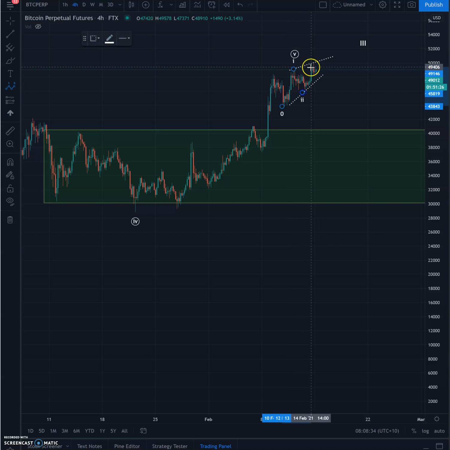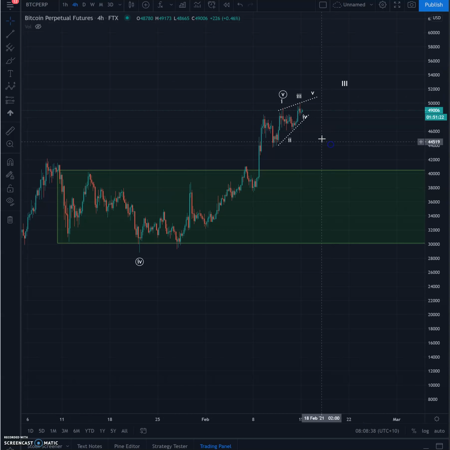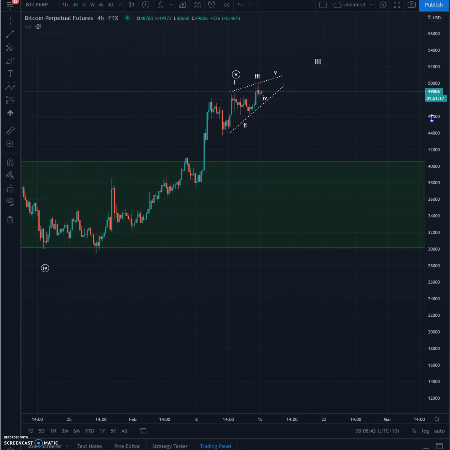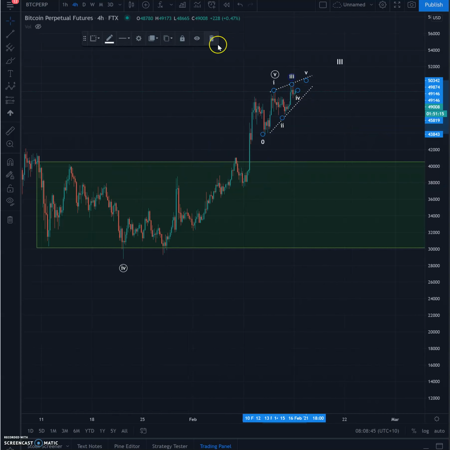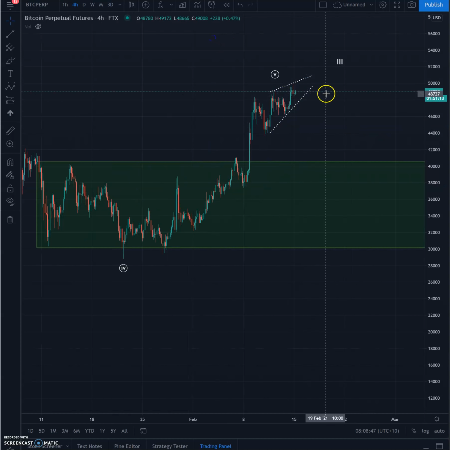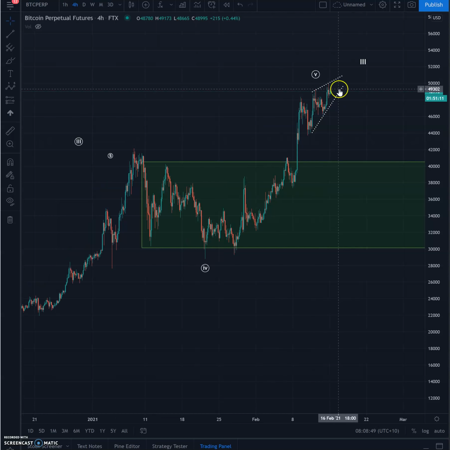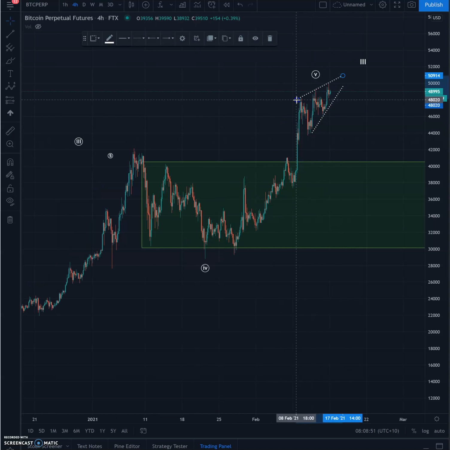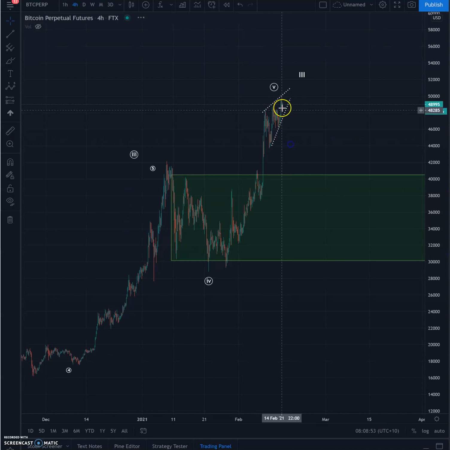It could be one, two, three, four, and the fifth wave is yet to be put in. I'm not sure, but this whole structure on the lower time frames, on the 4 hour, is starting to look like a diagonal. So I do think it is nearing completion, as price action unfolds with this wedge structure.